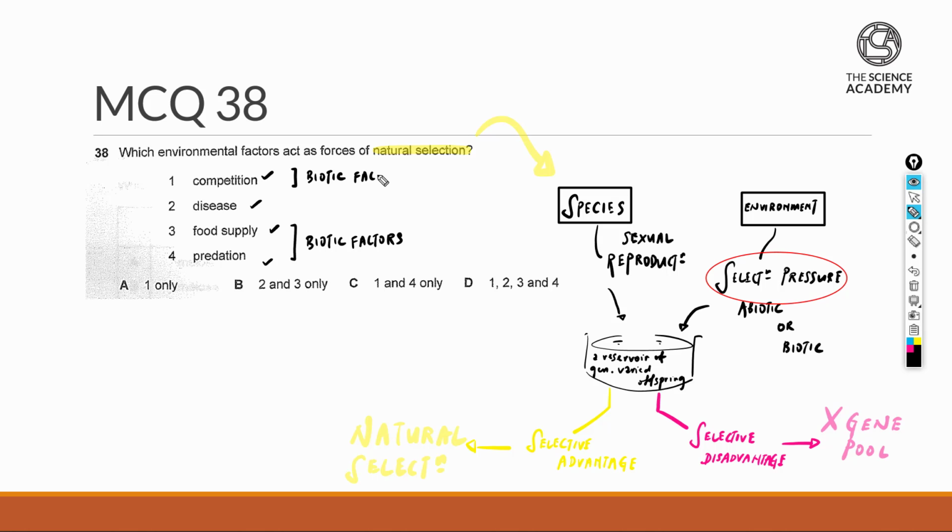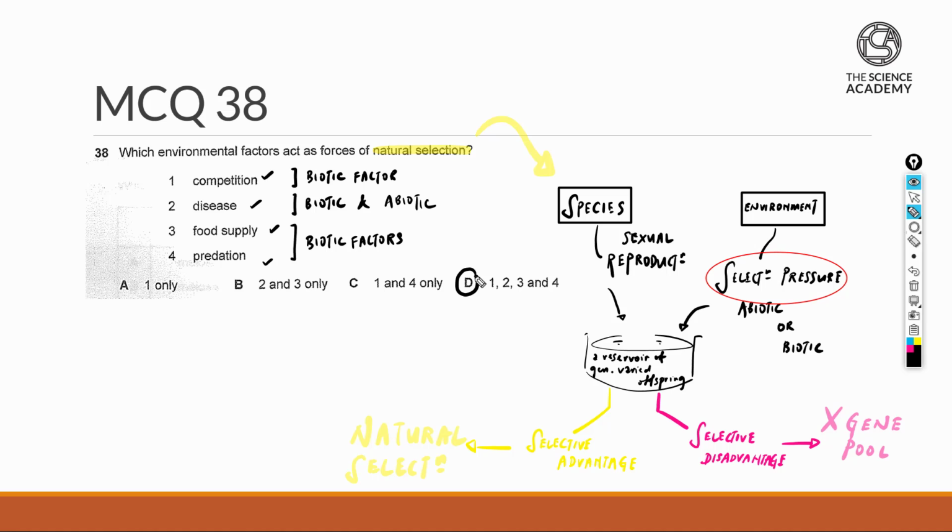And for the case of disease, it could come in two forms, either biotic or abiotic, really dependent on what the disease-causing agent was. Was it that the external environment, conditions like the soil, the pH, the temperature, has changed so much that it encouraged disease formation? That's abiotic. Or could there be a parasitic flea? Could there be bacteria and viruses or pathogens that cause a species to be susceptible to diseases? So actually all of them are considered to be forces that are part of natural selection.